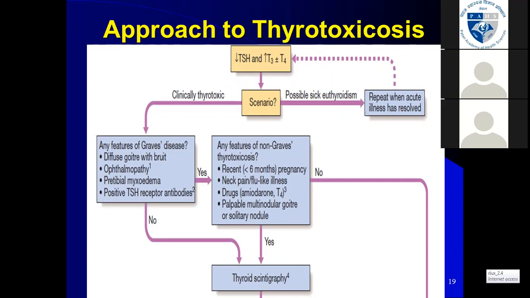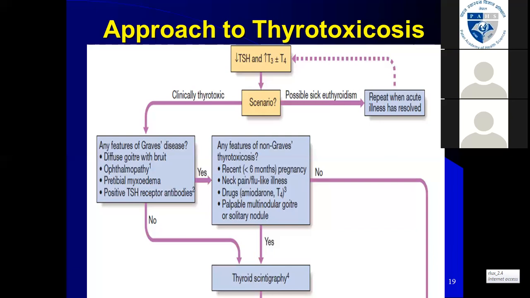In sick euthyroid syndrome, there is acute severe illness, and the TSH and T3, T4 levels are abnormal. But there is no underlying thyroid disease. So because it doesn't need any replacement therapy, we should repeat the tests when the acute illness has resolved.